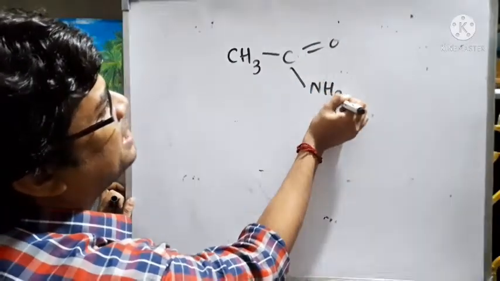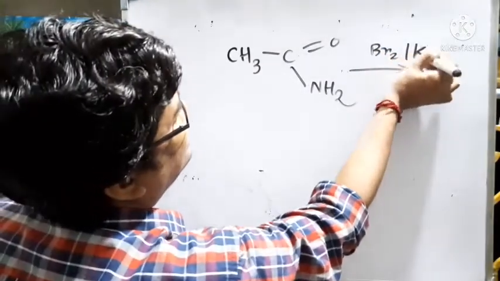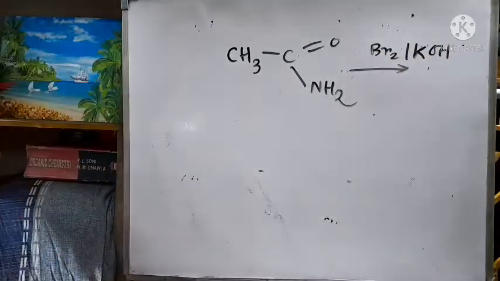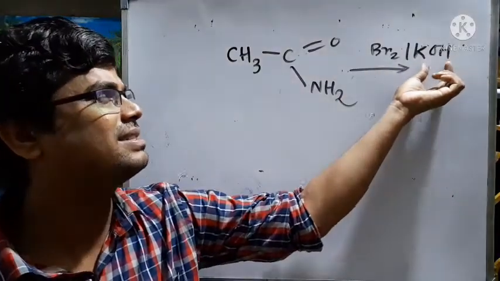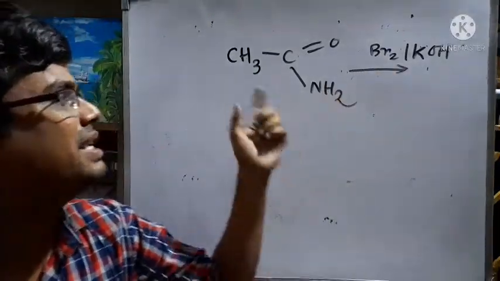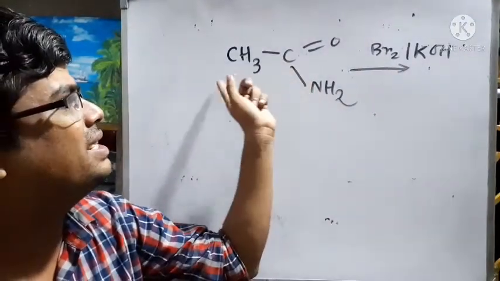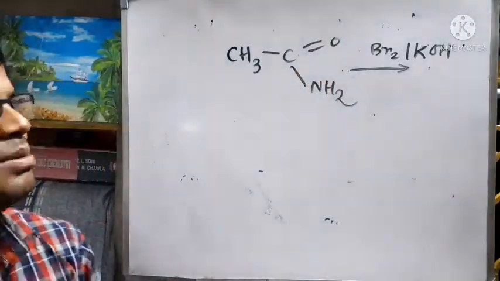A similar situation arises. If we treat it with bromine and KOH in excess amount, which is the first and foremost condition to show the haloform reaction, this compound, in spite of having a ketomethyl group, never shows the haloform reaction.